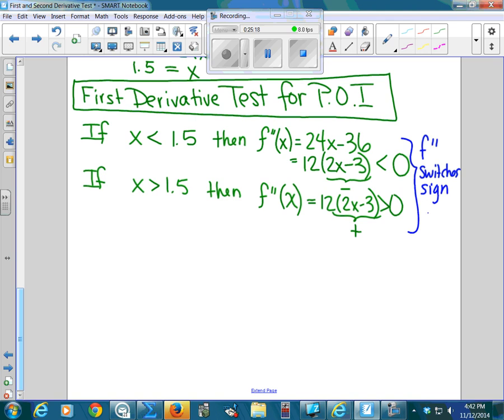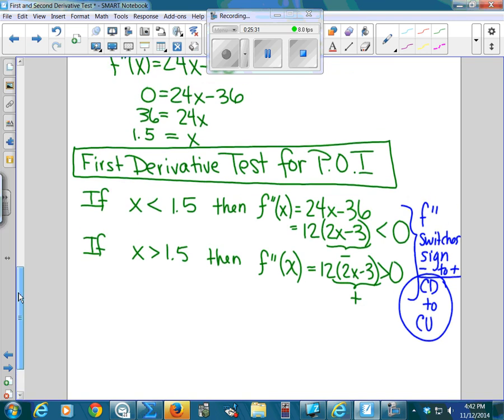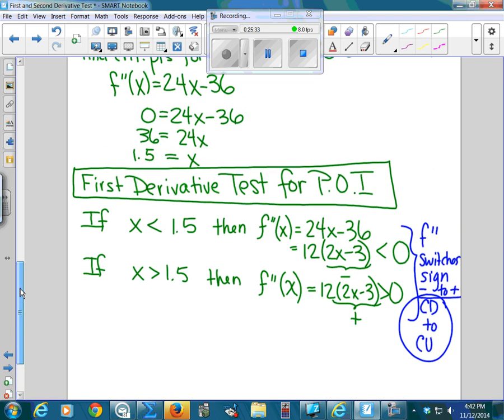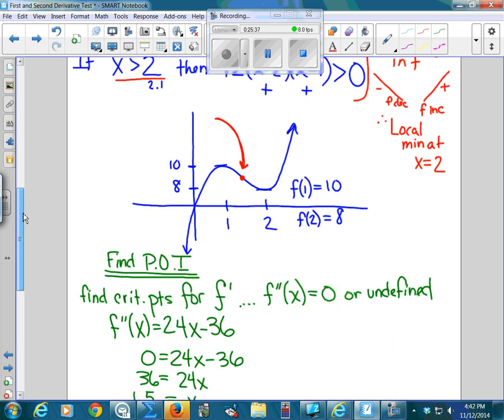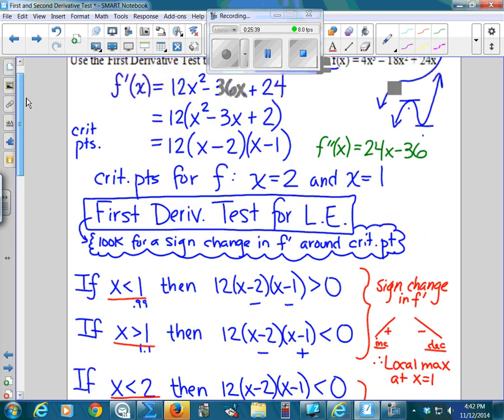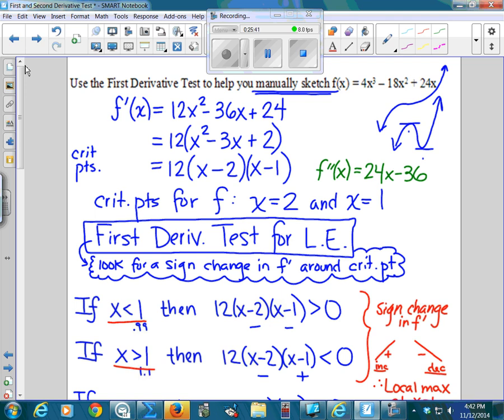It goes from negative to positive, which means f goes from concave down to concave up. So that completes our first derivative test for both points of inflection and local extrema.